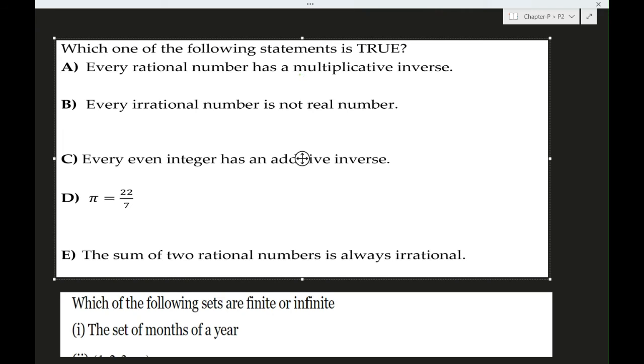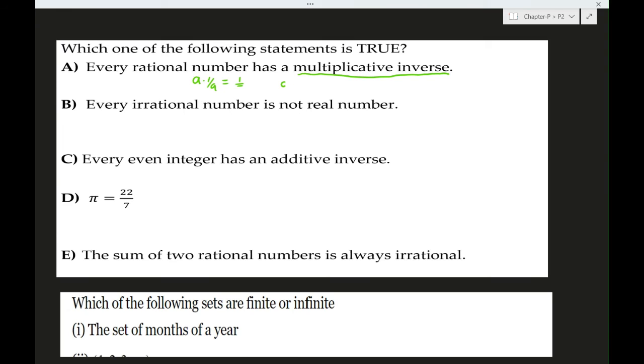This is not true because, talking of multiplicative inverse, for example, if you take A equals 0, the multiplicative inverse will be the reciprocal. Remember, when we talk about multiplicative inverse, it means you should have A times 1 over A to give you 1, which is the identity under multiplication.